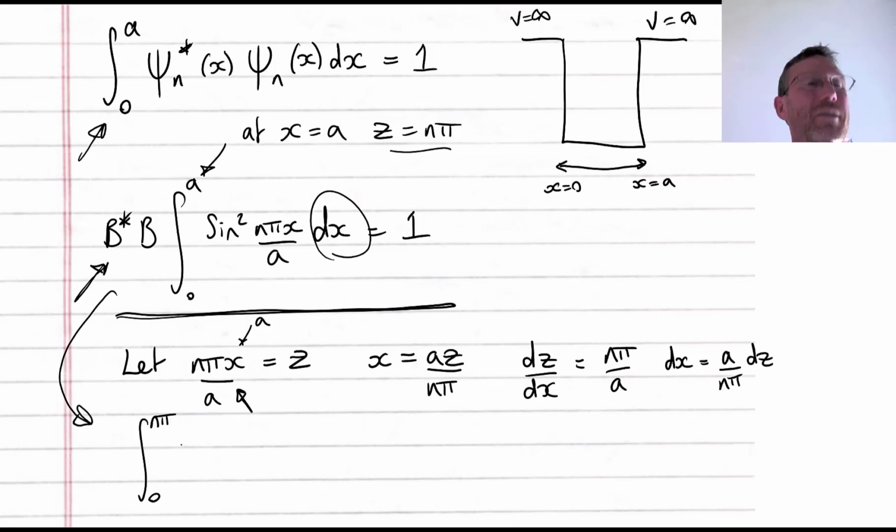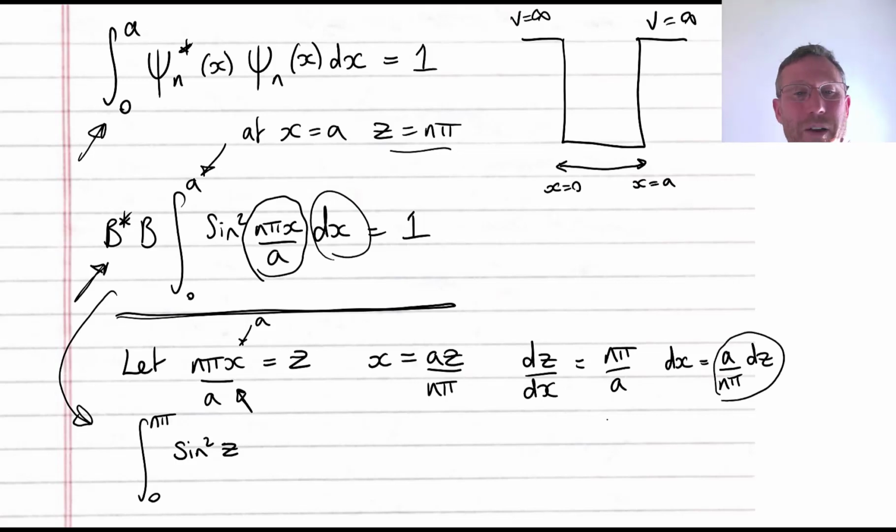We're going to have our sine squared. This is z now, right? So z is this expression. So sine squared z, and then we've got to replace the dx. Well, dx is a over n pi dz.